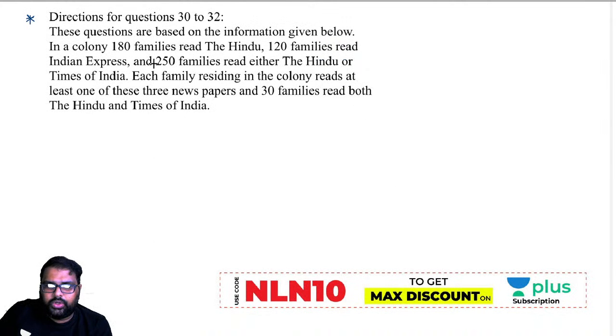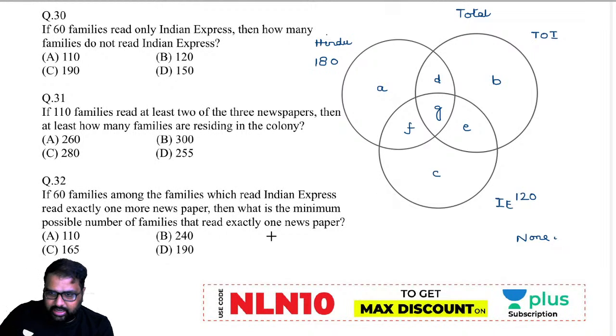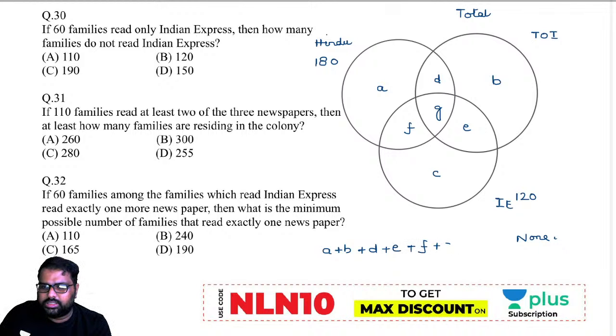Next, 250 families read either the Hindu or Times of India. Either the Hindu or Times of India means, as we did yesterday, A plus B plus D plus E plus F plus G plus N is equal to 250.